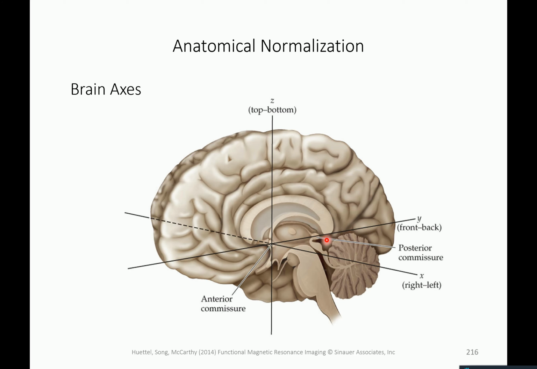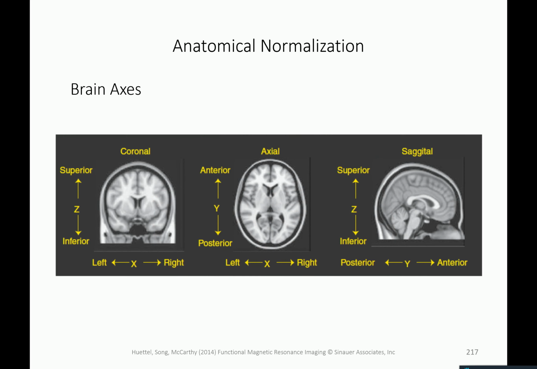The anterior and posterior commissure are just fiber bundles that connect the left and the right hemisphere, like the corpus callosum, but one can see them quite easily in the brain and also on T1 images. So one needs to recall that there are brain axes and the anterior and posterior commissure. Based on that, one can then talk about different aspects of the brain and different orientations.